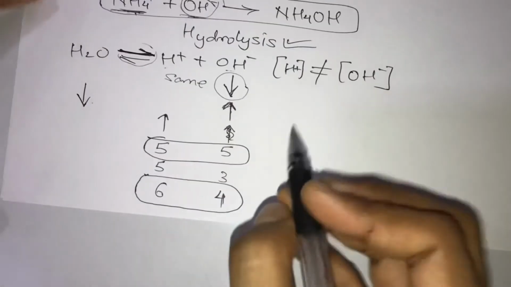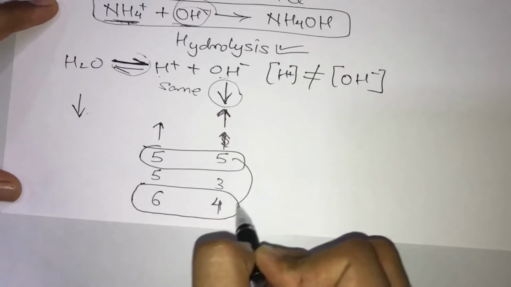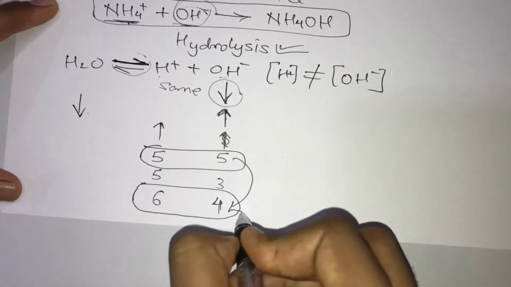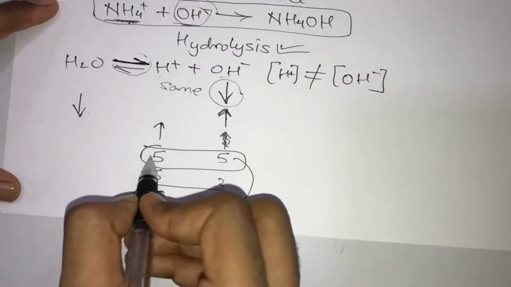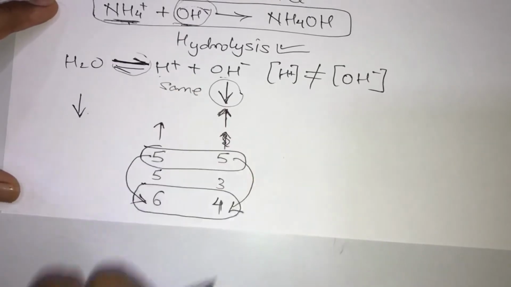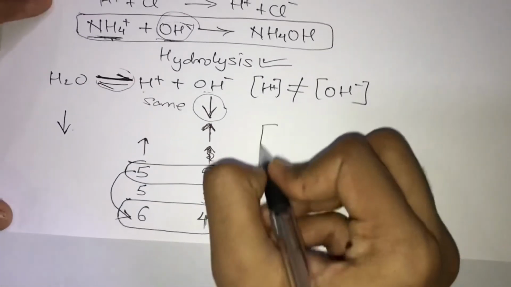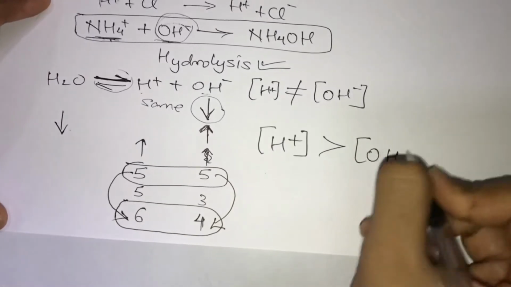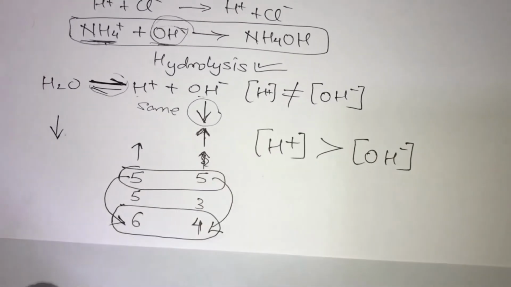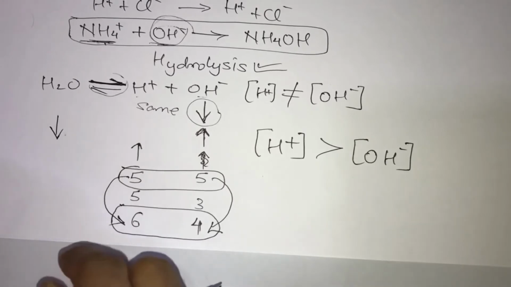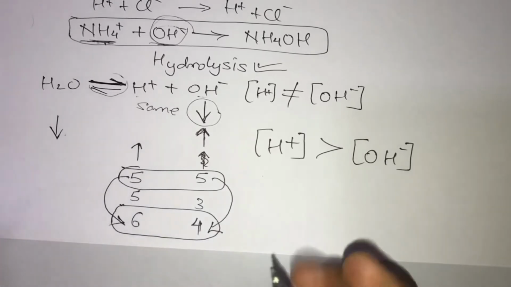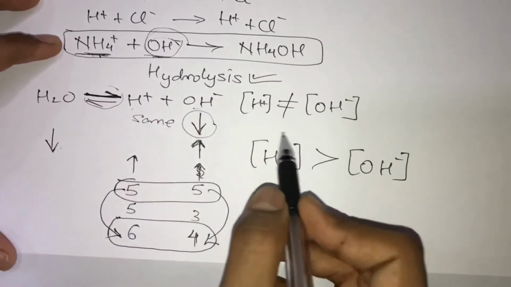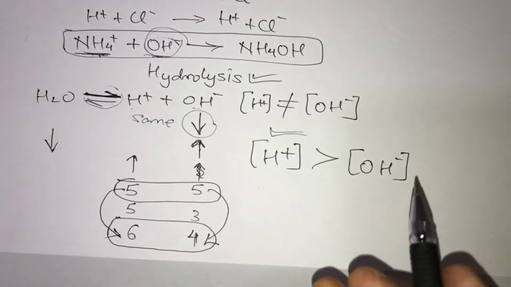Now, if you observe the initial number of moles and the final number of moles, what is happening over here? The number of moles of OH minus is decreasing, whereas the number of moles of H plus is increasing. So guys, can I say that the molar concentration of H plus is greater than the molar concentration of OH minus? And this is the reason that due to hydrolysis, more amount of H plus will get produced.